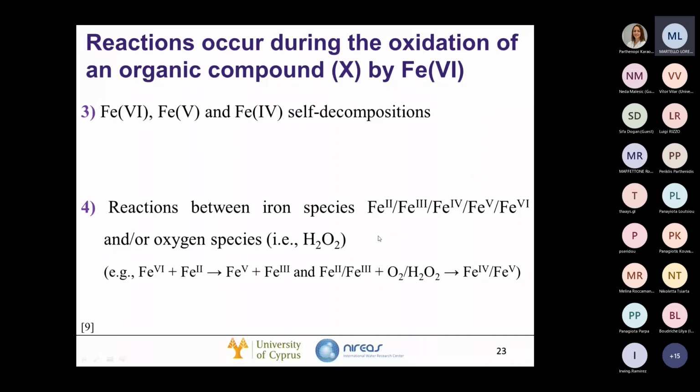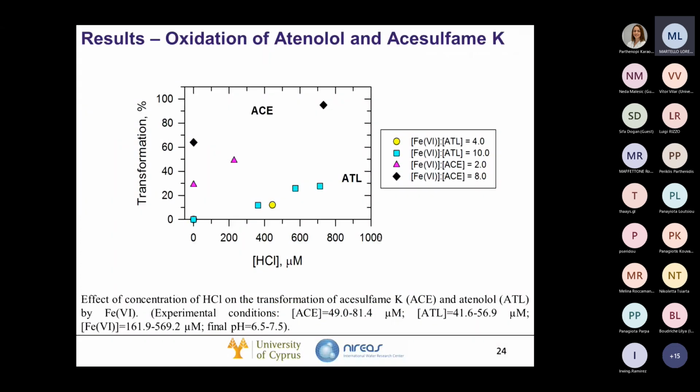So after having all this conclusion, proving that we could activate iron 6 using simple acids to enhance the removal of caffeine in water, we expanded the study to two other micropollutants, Atenolol and Acesulfame potassium, to make sure that these observations and findings are not related to a specific model compound, but can be expanded to other organic contaminants.